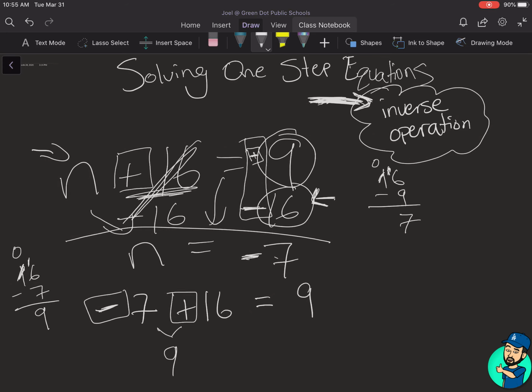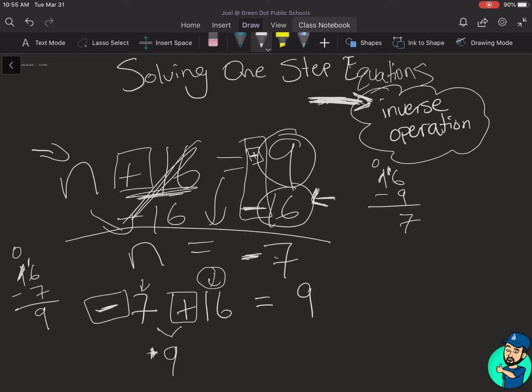Now what number is larger, the 7 or the 16? Do you rather have $7 or $16? Of course, $16. Now, what sign is in front of the 16? Is it a positive or a negative? A positive. So now put a little plus sign if you want.